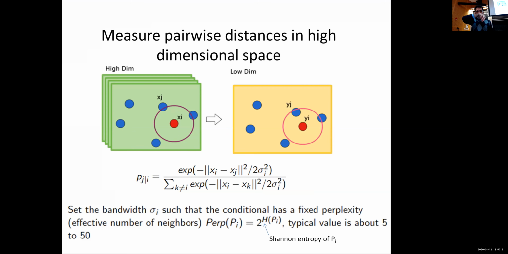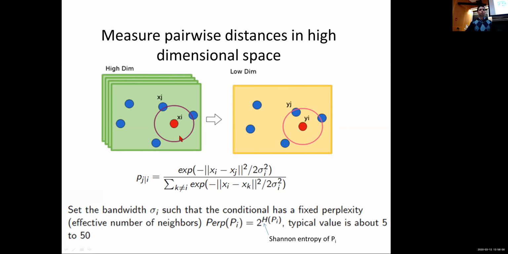We're going to be asking, how do I map a distribution of distances into a different lower dimensional distribution of distances such that the probability of finding point xj as a neighbor of point xi is preserved in this mapping of point xj into point yj in the lower dimensional space, and the mapping of point xi into point yi in this lower dimensional space.